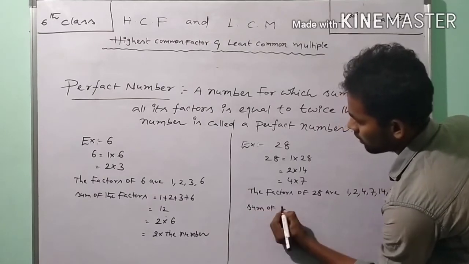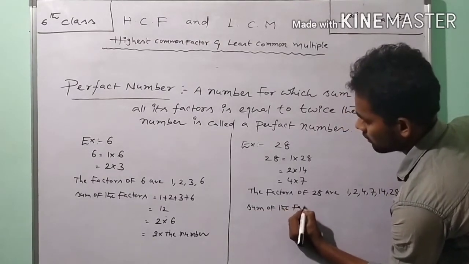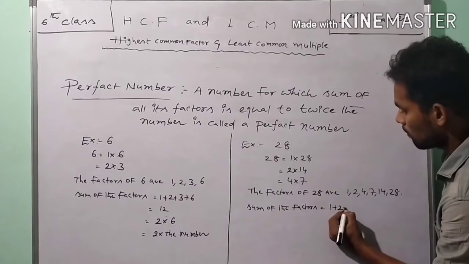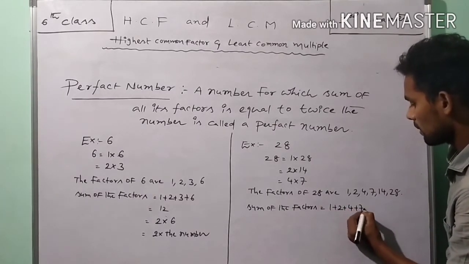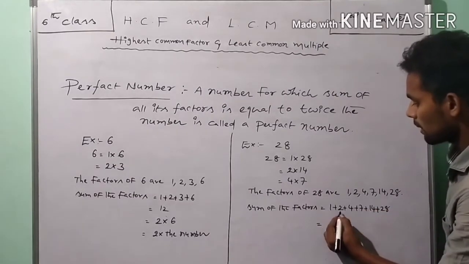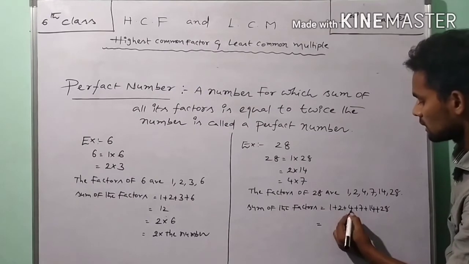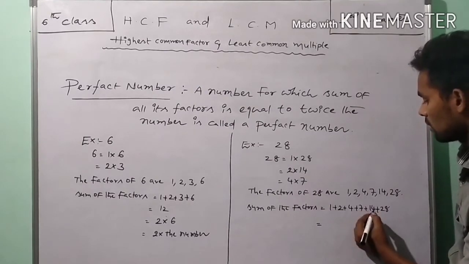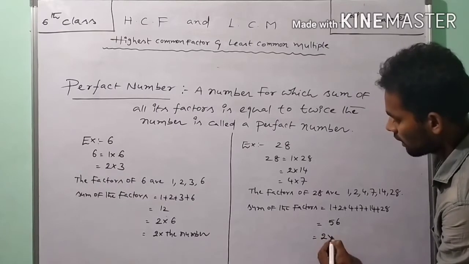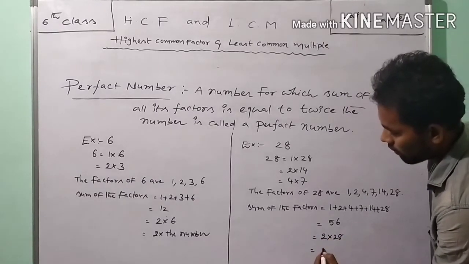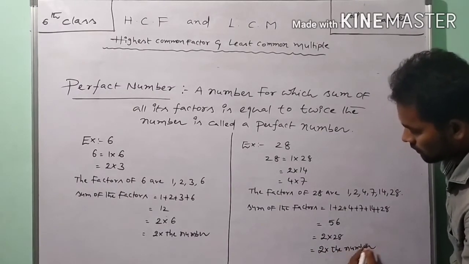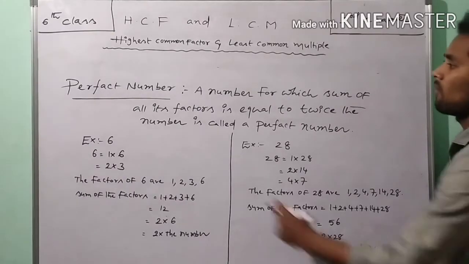Sum of the factors equals 1 plus 2 plus 4 plus 7 plus 14 plus 28. 1 plus 2 is 3, 3 plus 4 is 7, 7 plus 7 is 14, 14 plus 14 is 28, 28 plus 28 is 56. 56 equals 2 times 28, 2 into the number. Twice the number is called a perfect number.